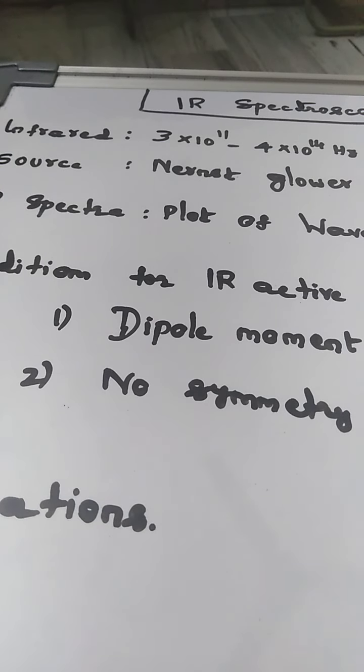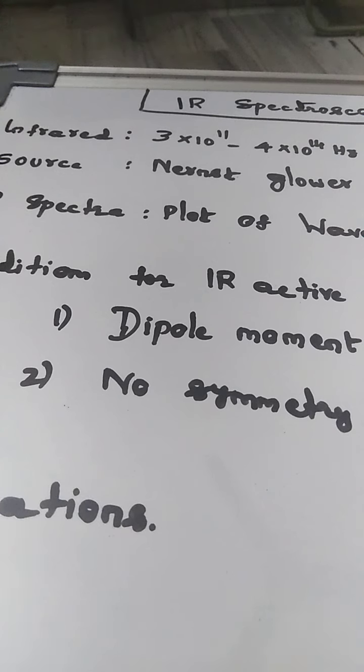As we said already, IR spectroscopy is mainly dependent on vibrations. There are several different types of vibrations which a molecule can undergo during IR spectroscopy. Mainly, vibrations can be divided into two main divisions, namely stretching and bending.